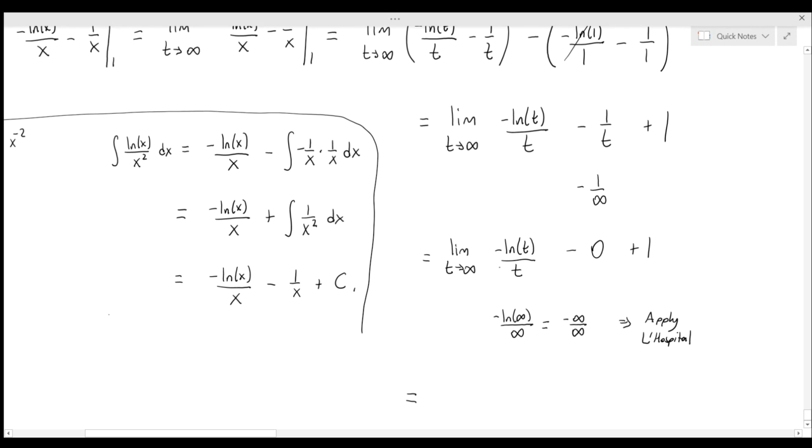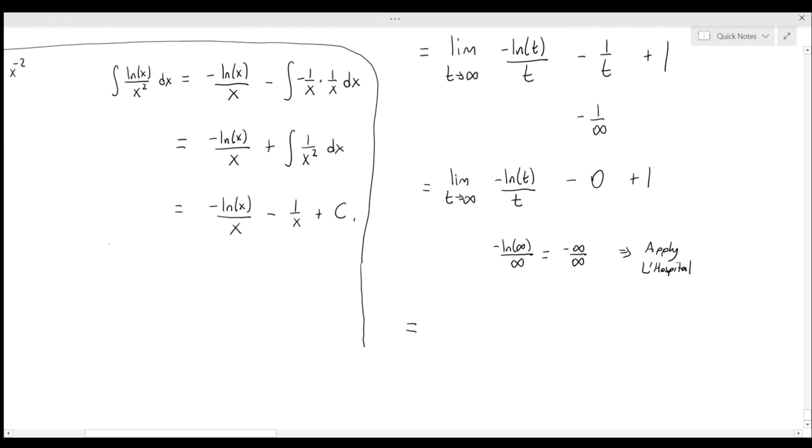All right, and I don't know if you guys remember what L'Hopital's rule was. So let me remind you guys over here.